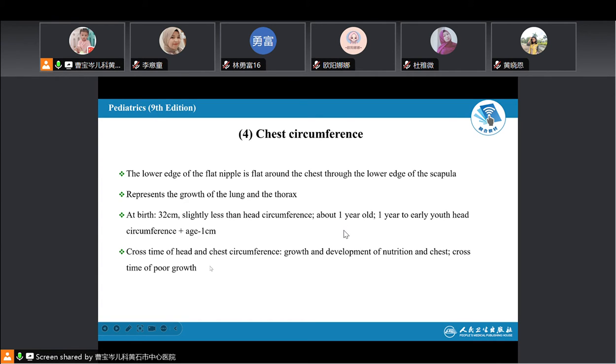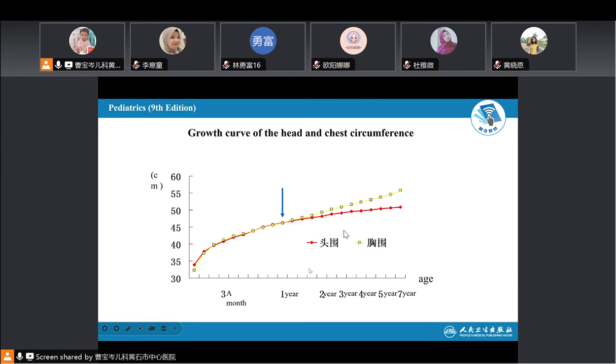Crossing time of head and chest circumference reflects growth, development and nutrition of the chest; a late crossing time means poor growth. This picture shows the growth graph of the head and chest circumference. This is the head, and this is the chest.